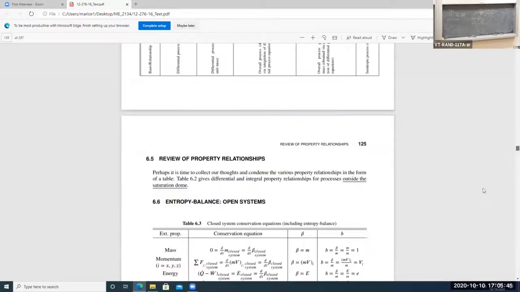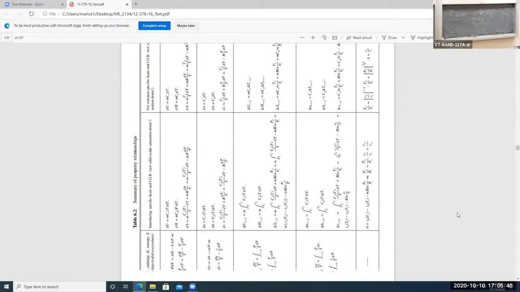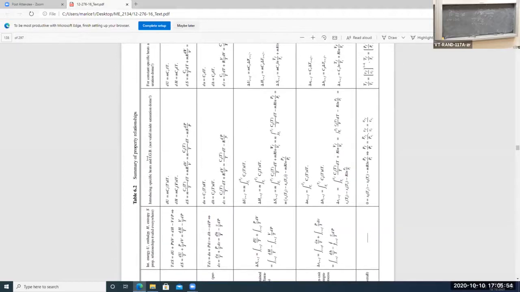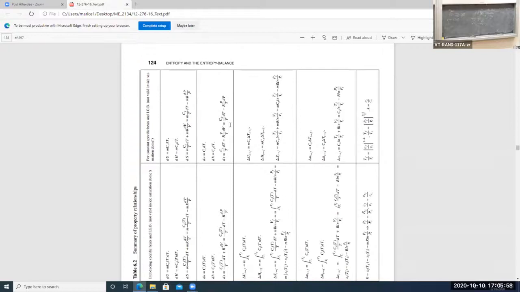Ah, there it is. Yes, table 6.2, isentropic processes. Variable specific heat, there's the S naught stuff. Constant specific heat: T final over T initial is equal to pressure final over pressure initial, K minus 1 over K.